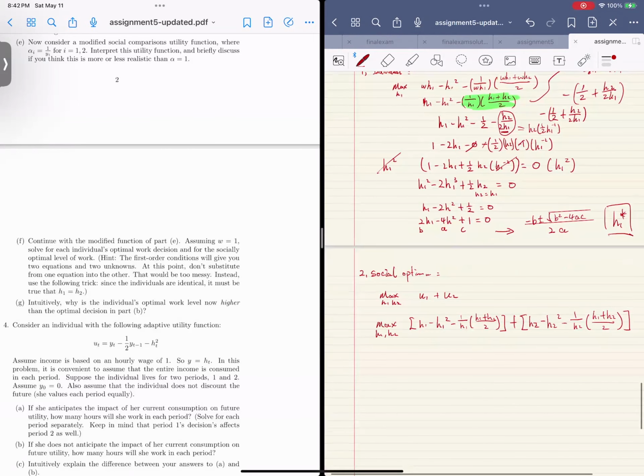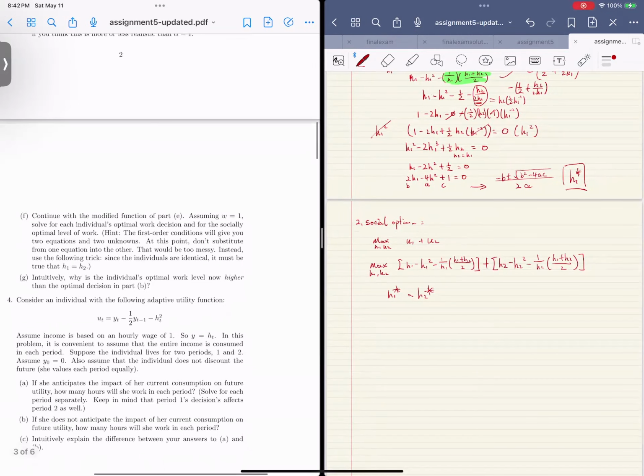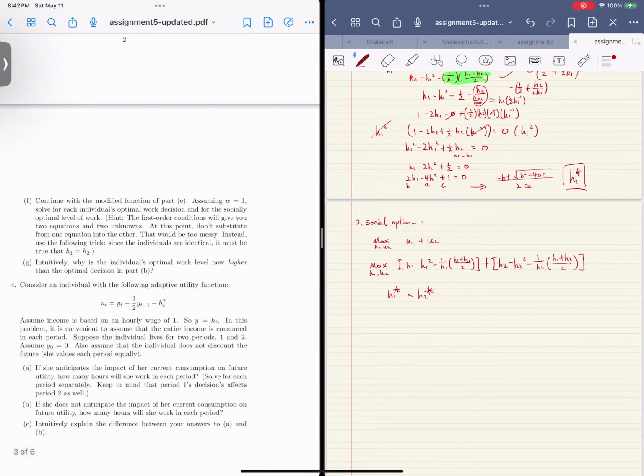Oh, this is so long. So maximize this, and then you will have h1 star equals h2 star. That's the social optimum. And that's it for F.